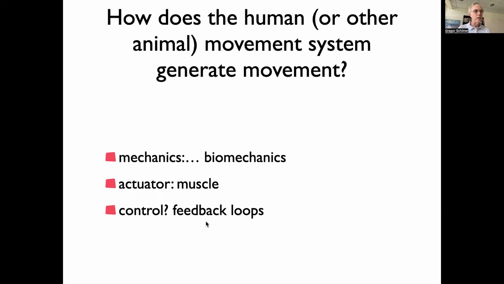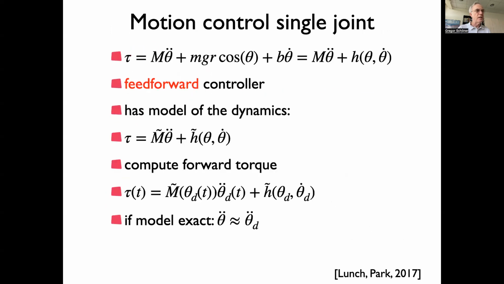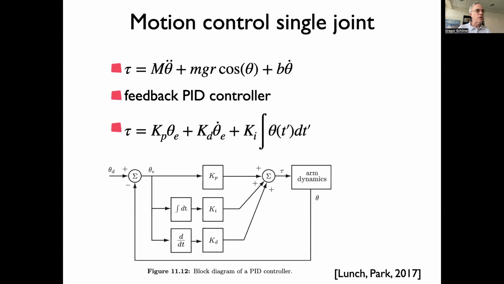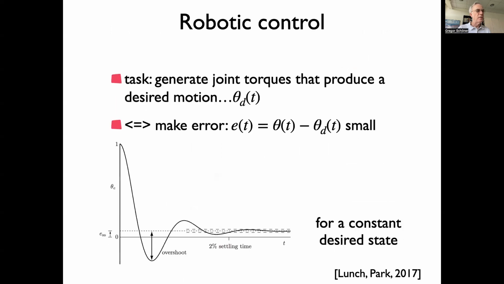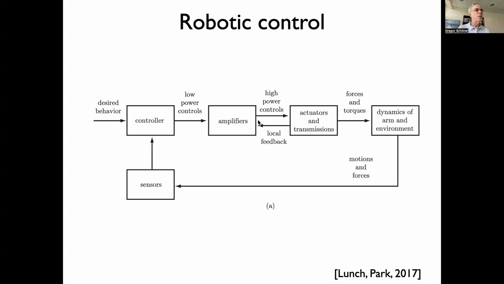So there are two things I can say. One is, in this system, it's not true that the actuator is such that you can say, if I want a certain torque, I know what signal to give to my actuator.